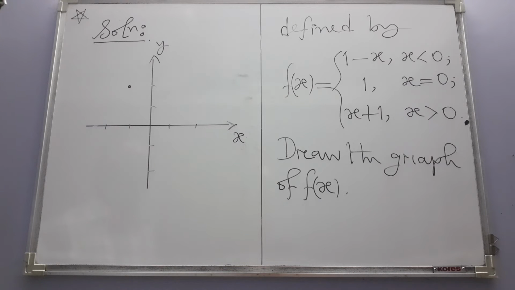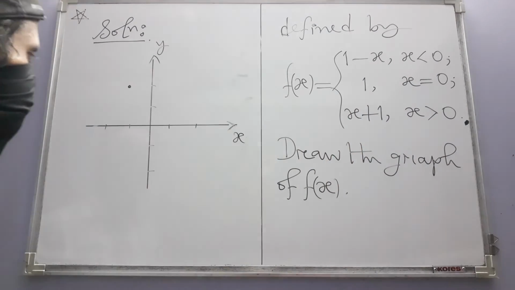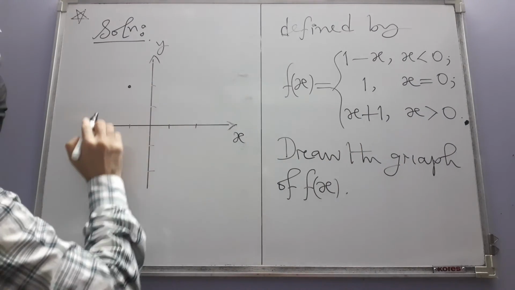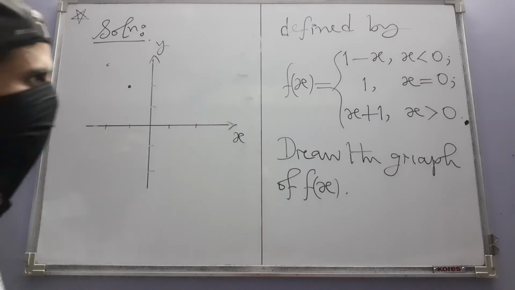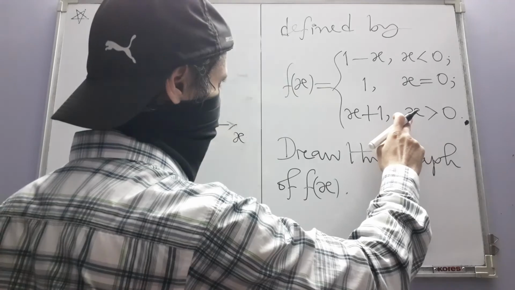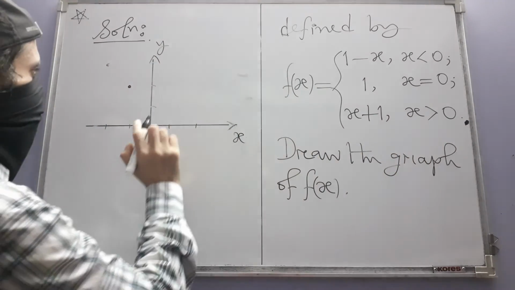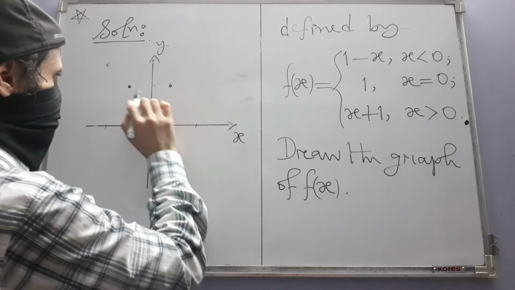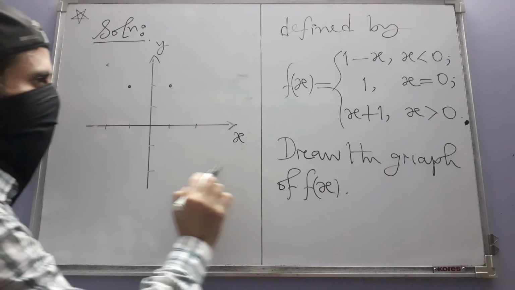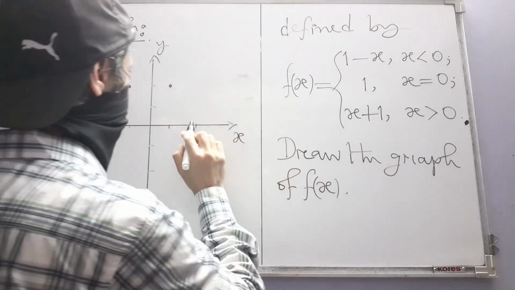Alright. If I put minus 2 though, then I get 3. So another point will be here. What if I put x equal to 1? 1 is positive, that means I have to use this formula. Then I get 2. Again, somewhat symmetric with this side. And if I put x equal to 2, then I get 3.